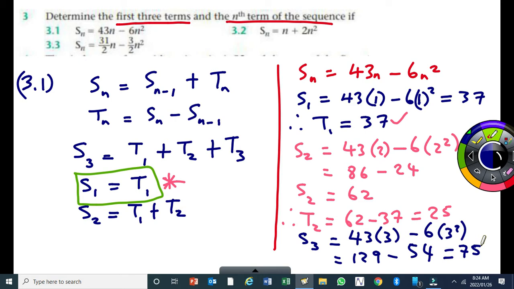So this 75 here, that's S3, the sum of T1 plus T2 plus T3. Okay? So if I want to get T3, it means I have to subtract the sum of T1 and T2 from 75.